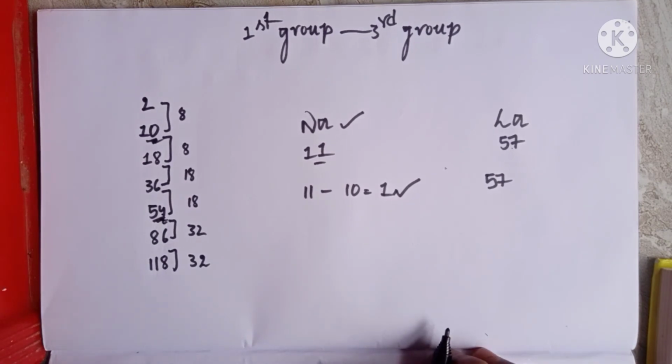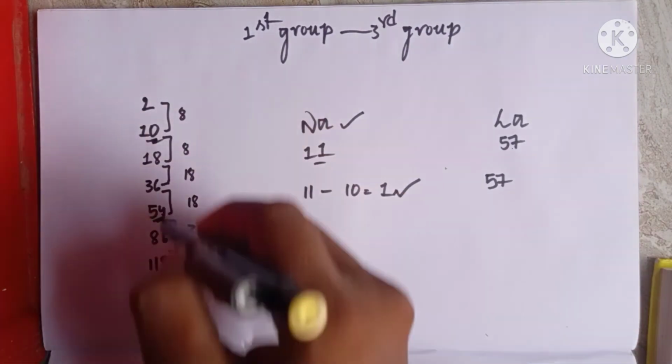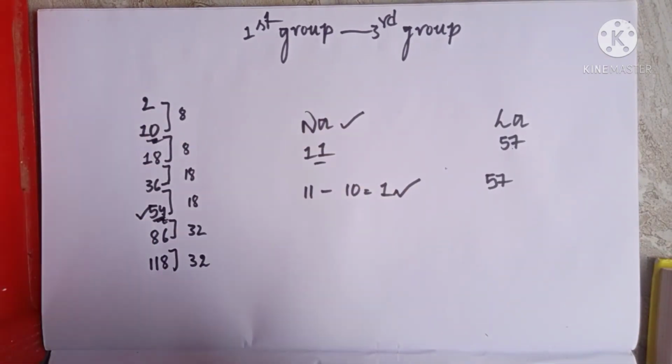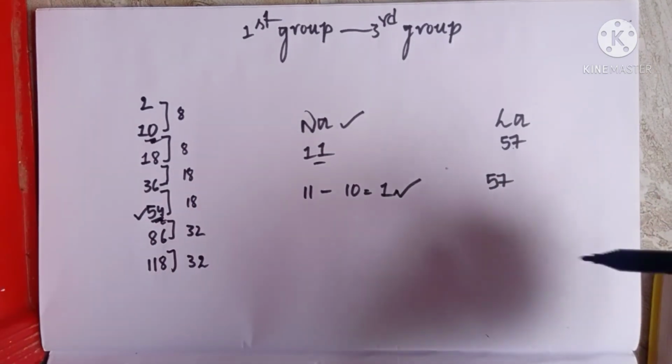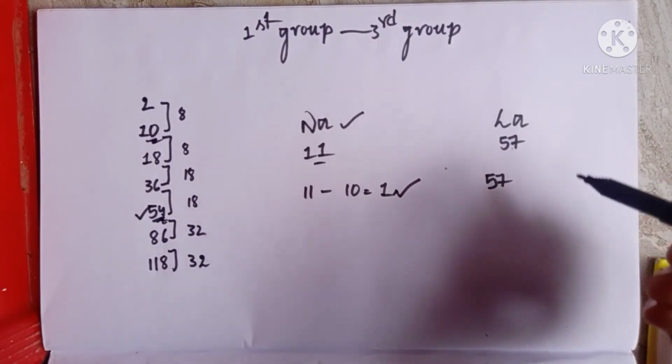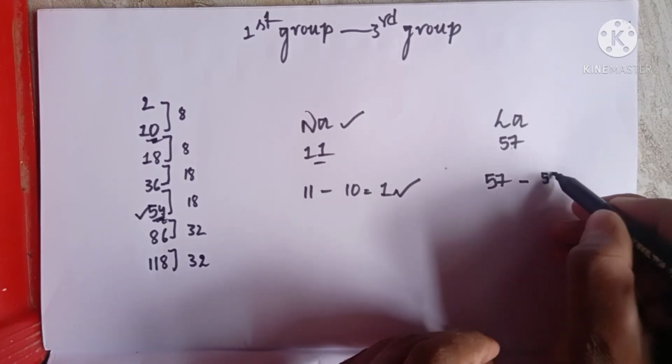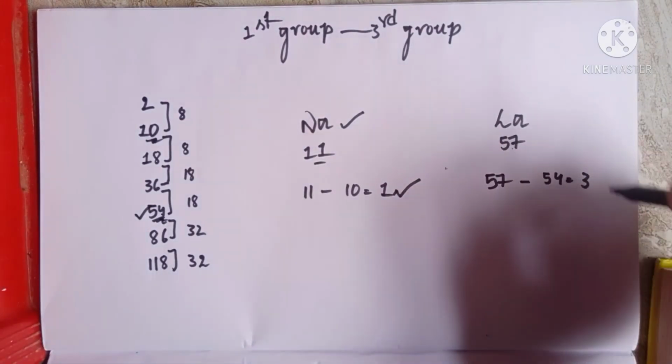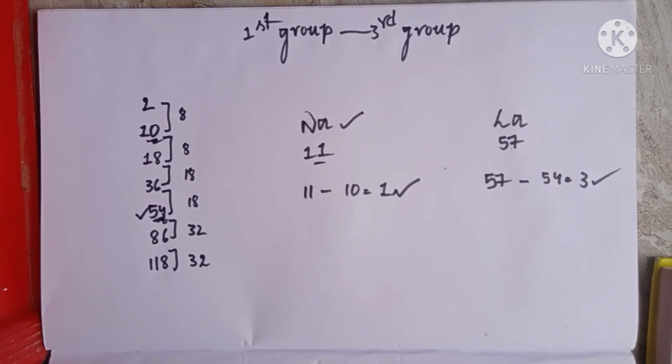Now you need to subtract the chosen number in the order from the atomic number of the given element. So that is 57 minus 54, which gives us 3. So lanthanum belongs to the third group.